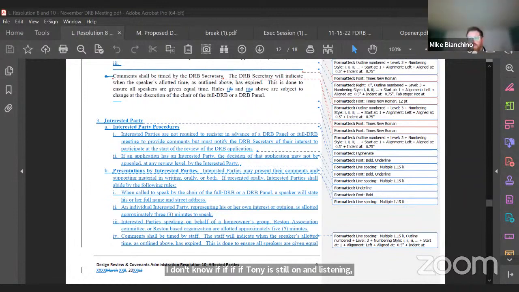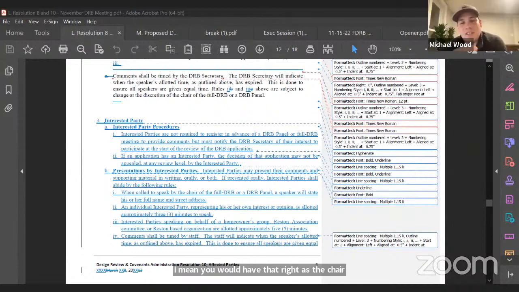Presumably, Michael, in that instance, wouldn't the chair grant someone from the assembly the opportunity to speak? You would have that right as the chair. Well, the way it used to work is, let's say there was a big redevelopment happening and word got around the community that there was an application at DRB. Then 20 people would show up, and none of them registered as affected parties. They would sign a sign-in sheet, but I can't remember if that sheet was saying that they were an affected party or not.